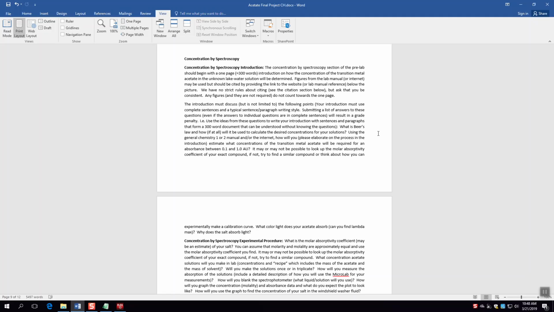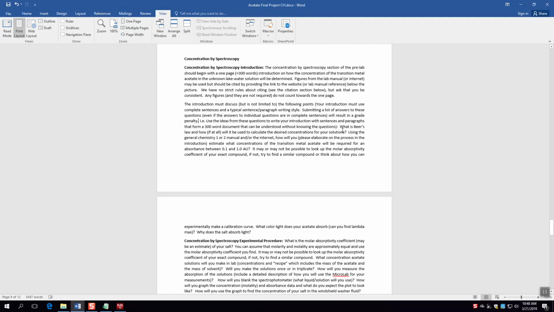If you notice in here, it'll give you sort of a guideline, but it specifically says that submitting a list of answers to these questions, even if each of those answers is a complete sentence, will result in a grade penalty. Said another way, you need to write this as though you were writing an actual paragraph and not just a collection of loose ideas.